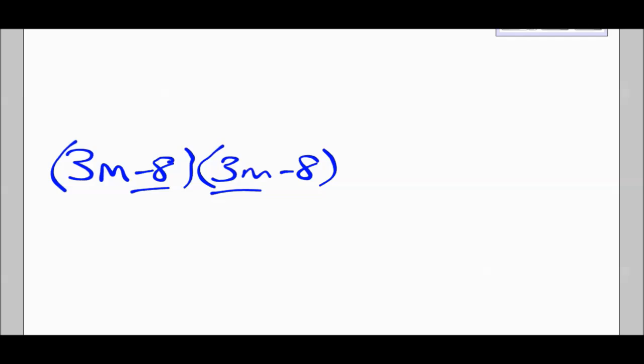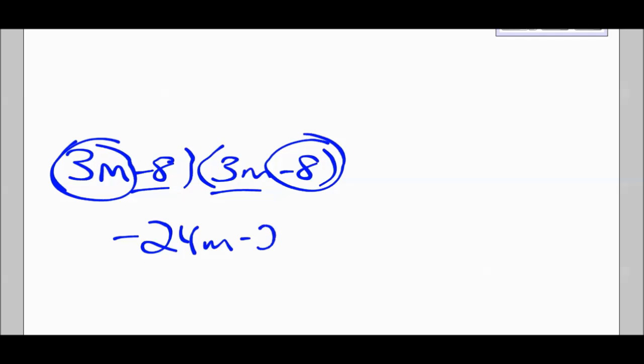You do 3m minus 8 times 3m minus 8. You're going to do minus 8 times 3m, that's negative 24m. And you do another negative 8 times 3m, that's another negative 24m. Those combine into that negative 48.